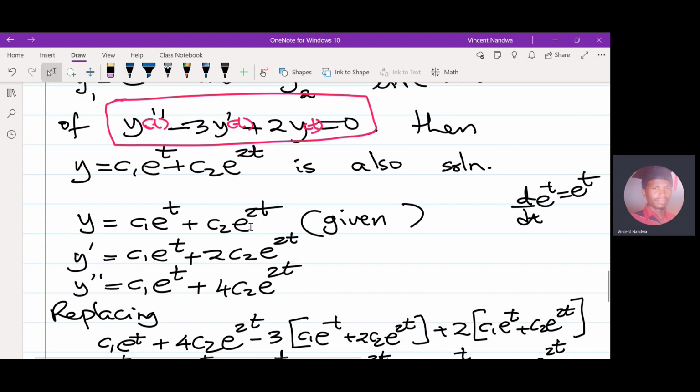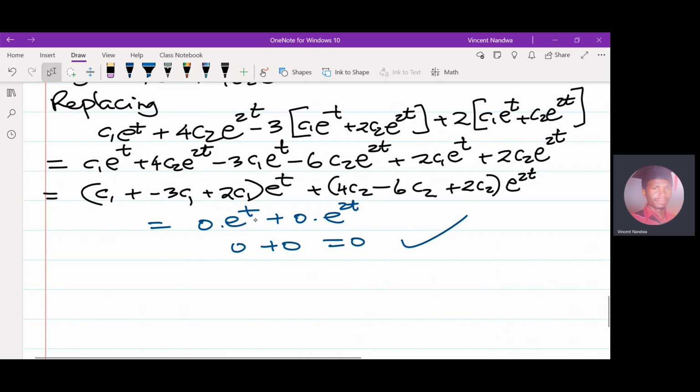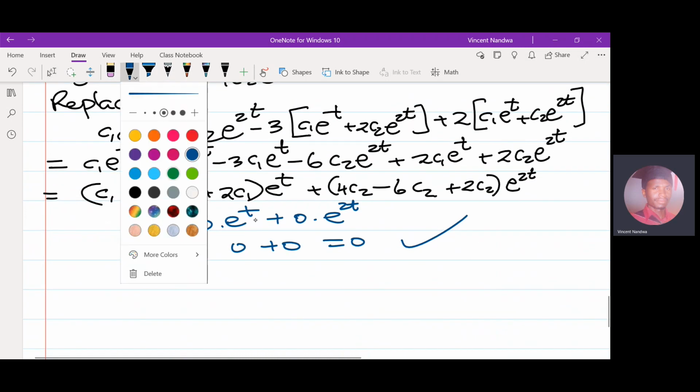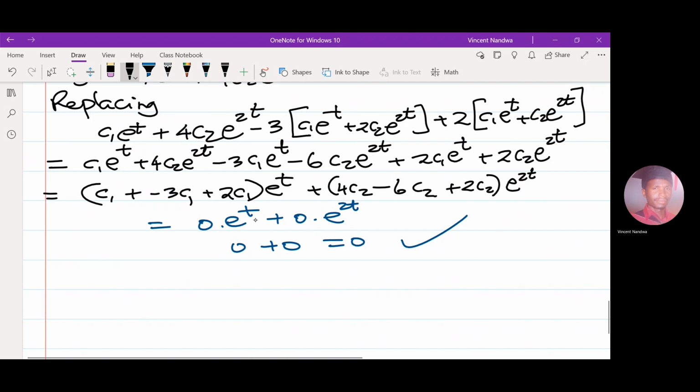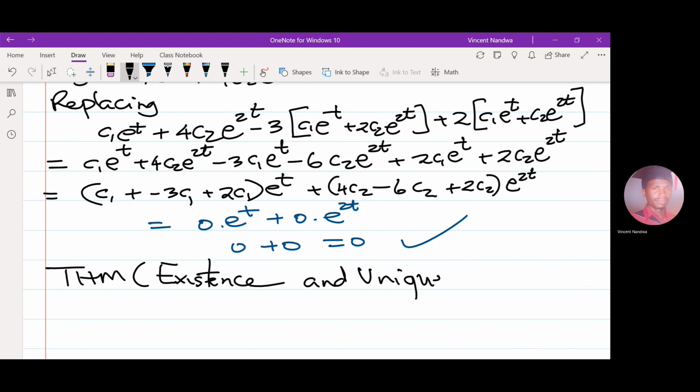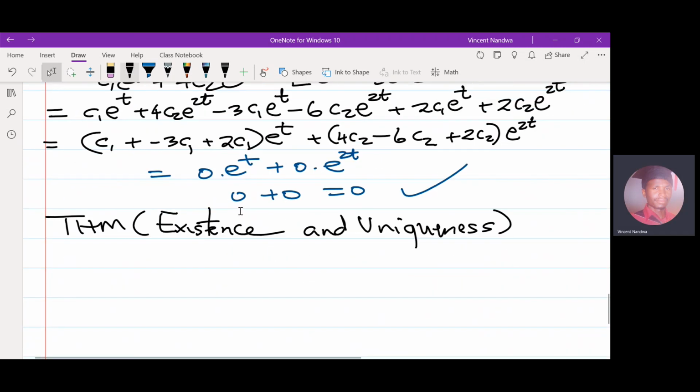Okay, good. So let's give the theorem on existence and uniqueness. Existence and uniqueness.